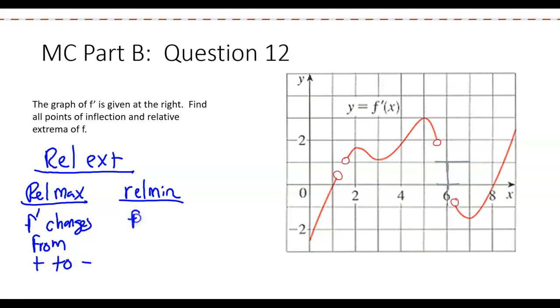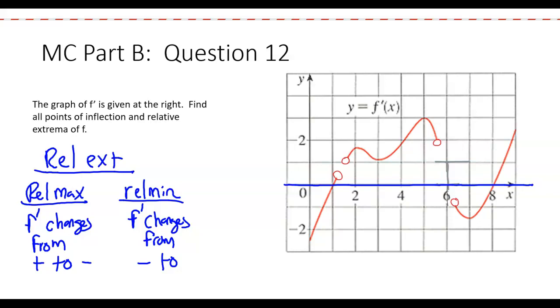Relative mins happen anytime f prime changes from negative to positive. Okay? Now this is a graph of f prime over here. And here's my x-axis. So where do the relative extrema occur? The relative extrema are going to occur anytime f prime changes from positive to negative or negative to positive.